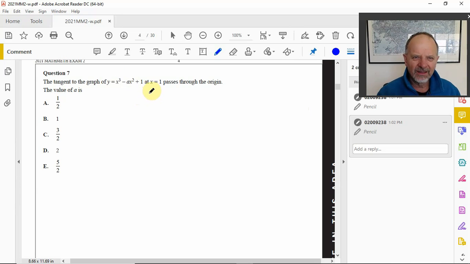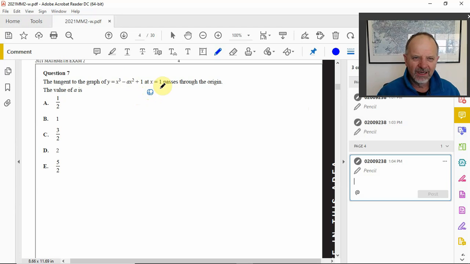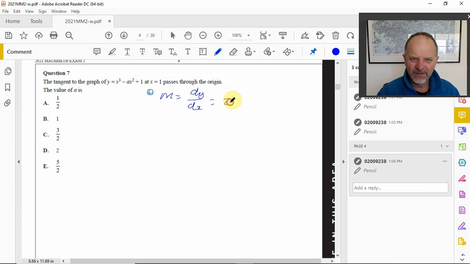And so on the graph, the gradient is dy/dx, which is 3x squared minus 2ax.